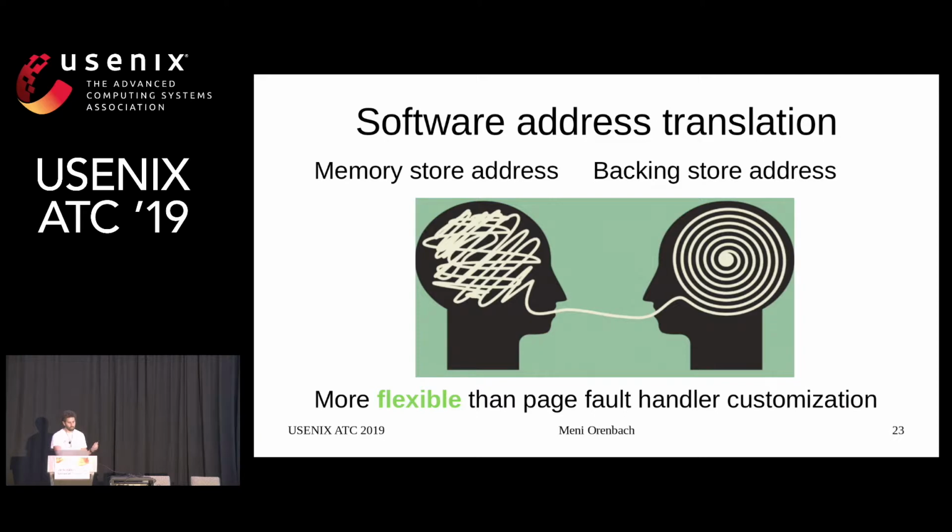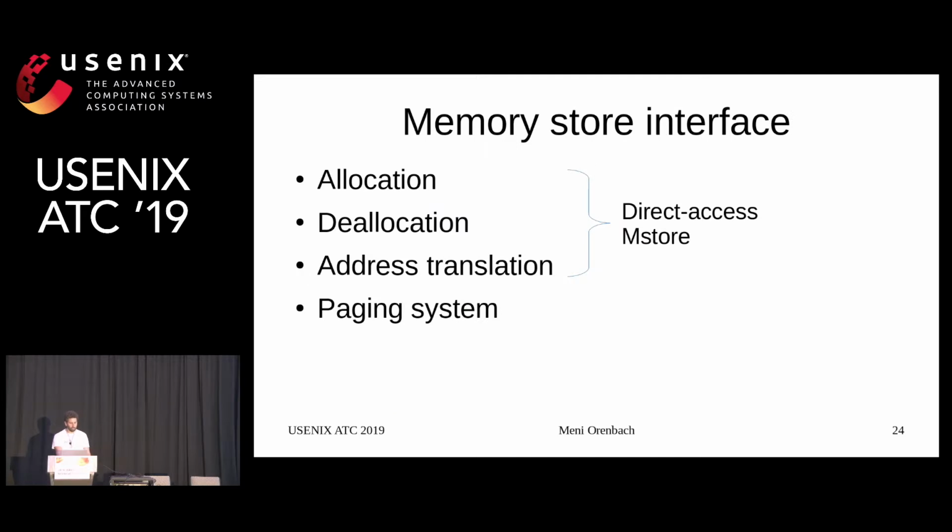Doing it in software, translating addresses for memory stores to their backing store addresses is way more flexible than traditional page fault handling customization. I'm going to show an example in a few slides, and you'll understand. If we want to directly access our backing store, we don't really need a paging system and a cache. And we call this type of memory store a direct access memory store.